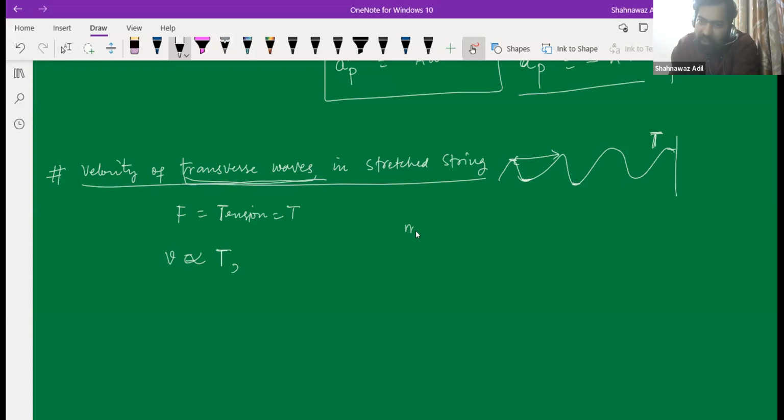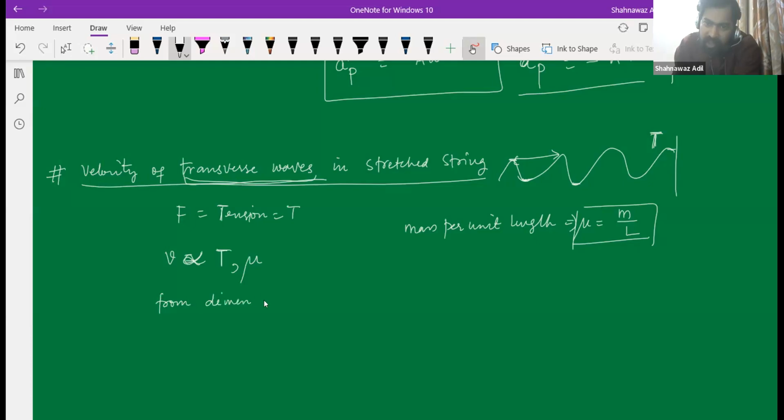This is represented by mu, which is mass by length. So if I give you tension and mu, can you figure out the formula from dimensional analysis?